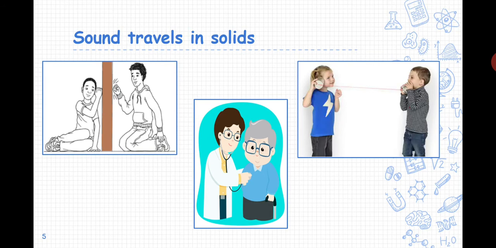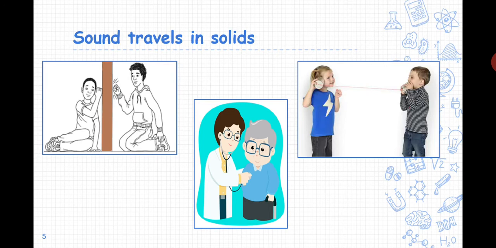Right, my dear? What about the third picture now? Do you remember when we made that in the free zone? The sound here travels from the boy as his vocal cords vibrate and produce sound. This sound moves through the string to reach the girl's ear.